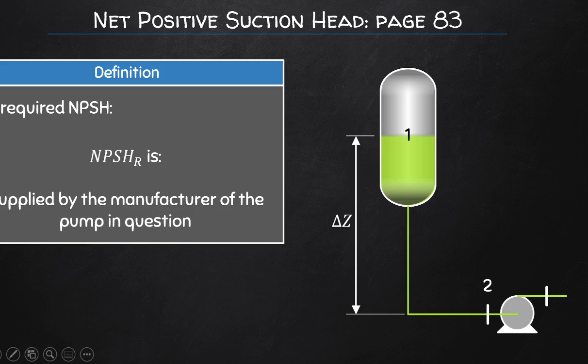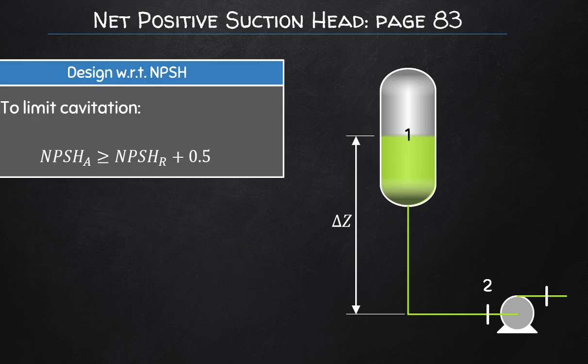What this says is that you should not worry too much about trying to figure out this value, because it is in fact usually dependent on how the pump has been designed and manufactured, and this information is typically supplied by the manufacturer. The manufacturer says this is the required net positive suction head that you should design with.